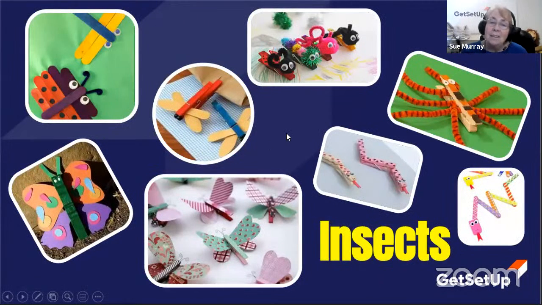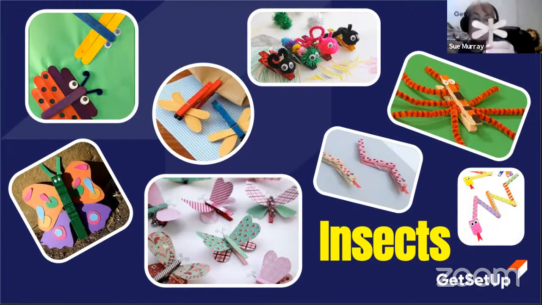Right. Now, insects. All children are interested in insects, whether they have a dislike or a like for them, it depends, but you have your insects. You can make simple butterflies just with your popsicle sticks by sticking. I've used two popsicle sticks.